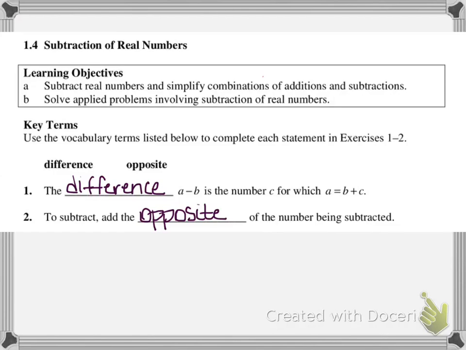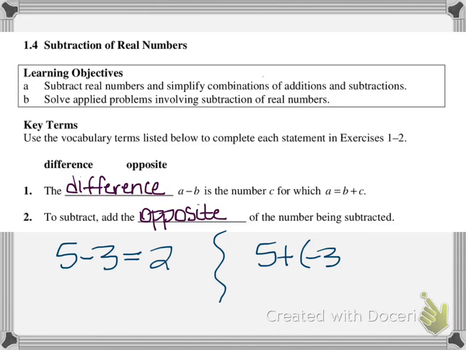So let's look at a real quick example of add the opposite. We'll just take a very basic problem that you're very familiar with what the answer already is. If I had 5 minus 3, we could all agree that that is 2. There's no debate over that. If I said, what's 5 plus negative 3? Well, in the previous lesson, we said that when we were adding numbers with different signs, we actually subtract, keep the sign of the larger.